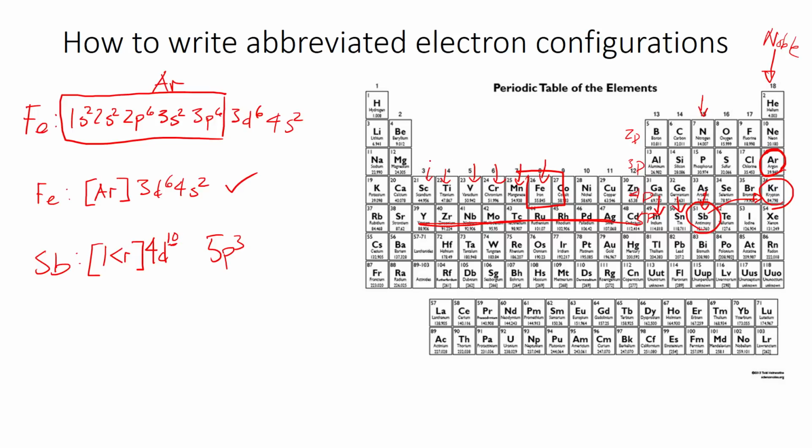Well, the d block holds 10. 1, 2, 3, 4, 5, 6, 7, 8, 9, 10, right? And then before all that, in this little row, there's also a 5s2. Okay, so antimony is krypton with a 4d10, 5s2, 5p3. Some people don't even put the 4d10, they just do krypton 5s2, 5p3.